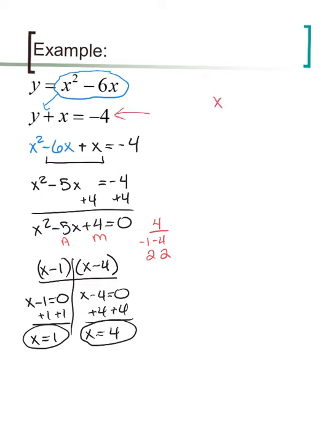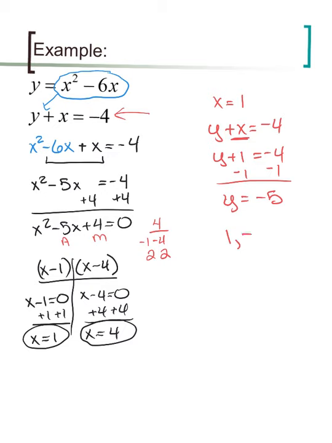So when x equals 1, if I take one of the original equations and I substitute, I plug in my x value and solve, I get y equals -5. So my first answer is 1, -5. I have to do it again for this answer.